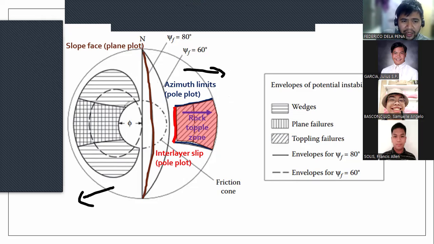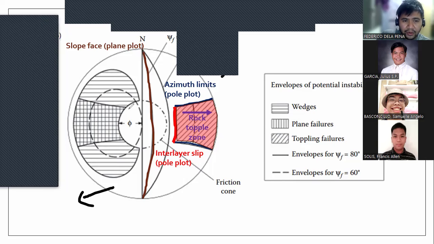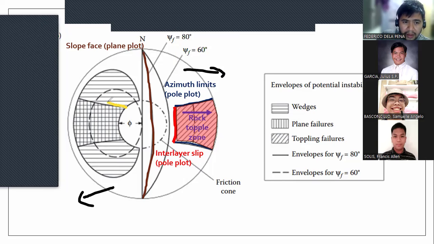So therefore, if you're going to draw criteria 1 for toppling failure, this would be your zone for criteria 1. Okay. So this zone is the zone that is opposite direction of your slope face plus minus 20 degrees.